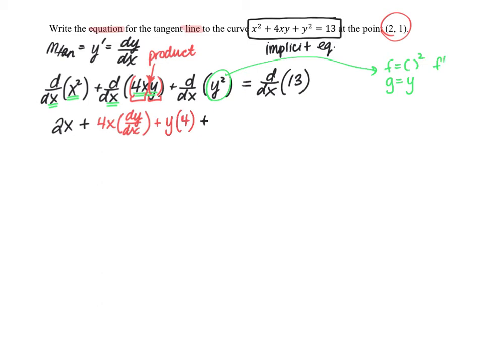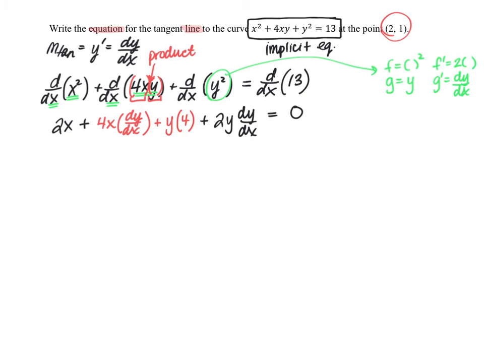So the derivative of something squared will be 2 times something, and then the derivative of y, since we're taking the derivative with respect to x, that would be dy/dx. So the derivative of y squared will be 2y times dy/dx. And then on the other side, the derivative of 13 will just be 0.